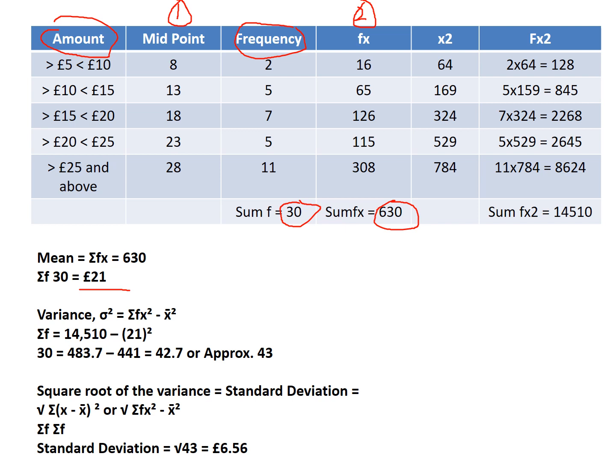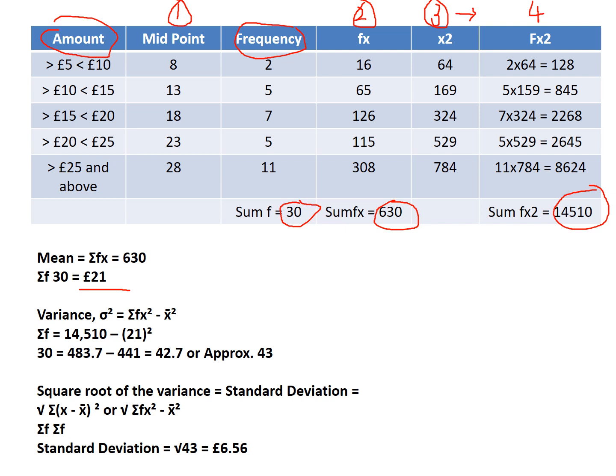And then to get the variance, all we've done is x squared, which is the midpoint squared, which took us to column number 3, and then we progressed on to column 4, where we calculated the frequency times x squared, and we summed up the total, which gave us this figure here.